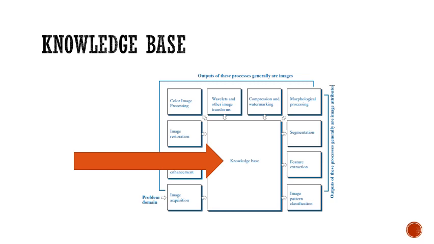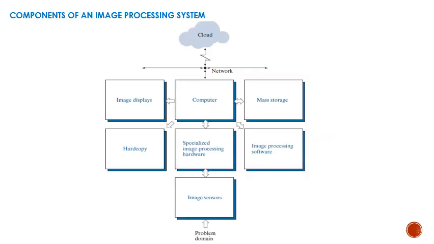To say in brief, a knowledge base is a rich database of all the information that can help in the image processing steps. With this, we end the topic on fundamental steps in digital image processing. The next topic is to understand the various components of an image processing system.